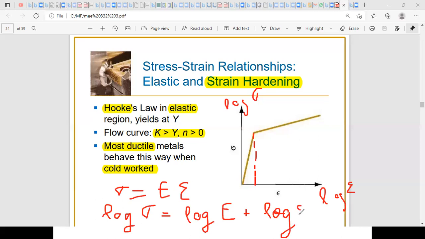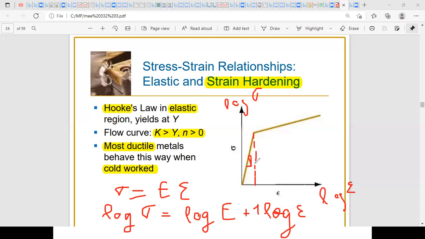And what will be the slope of this linear variation in the logarithmic scale? What is the slope of this line? Yes, exactly, it's 1. Okay, it's 1.